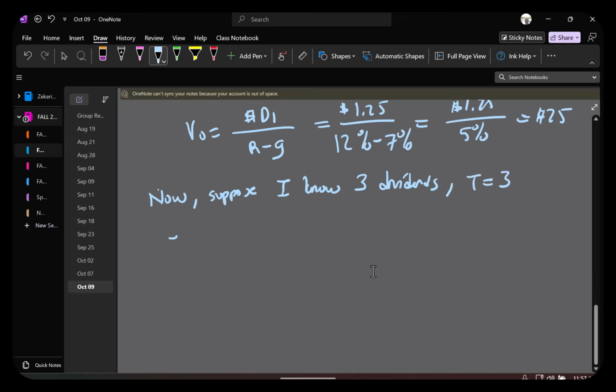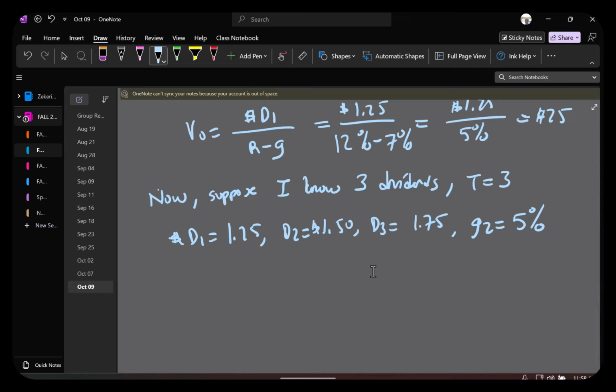Hence, T equals 3. Maybe the firm grows a little bit faster earlier on. And after that, it's going to grow at the rate of 5%.